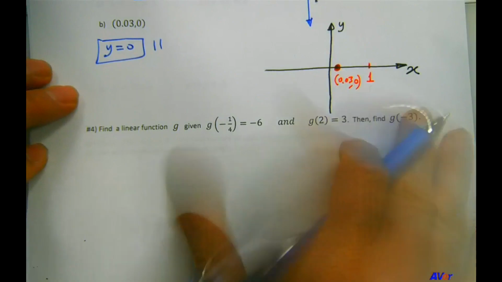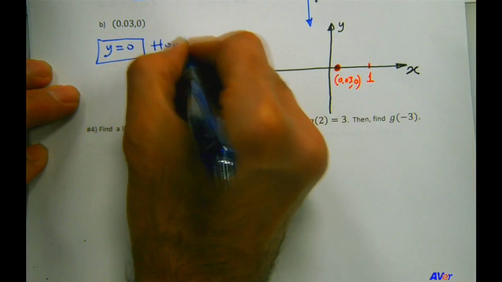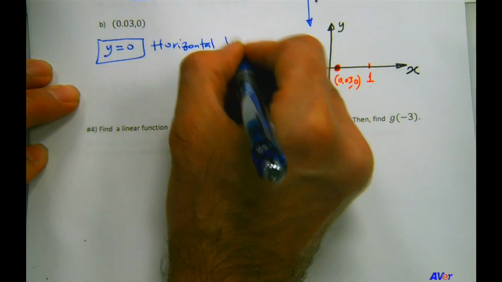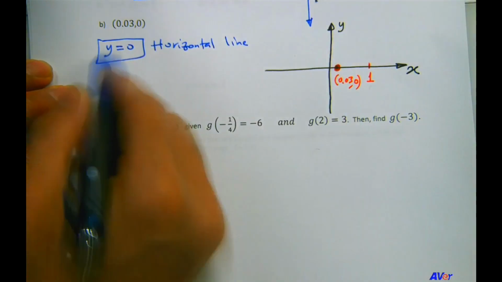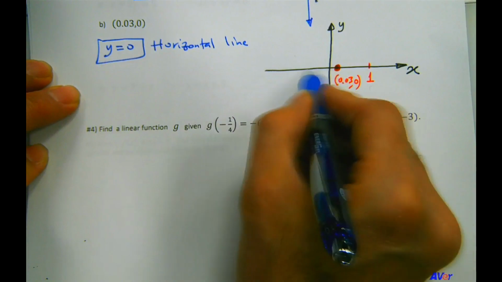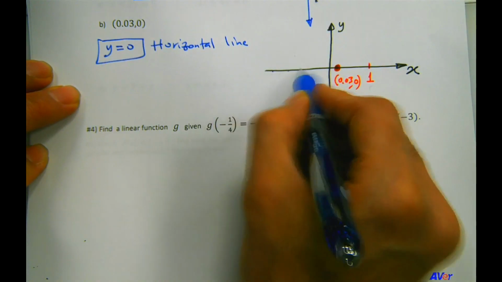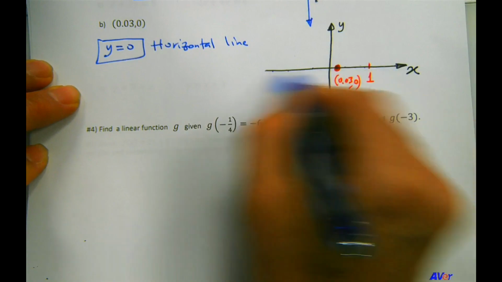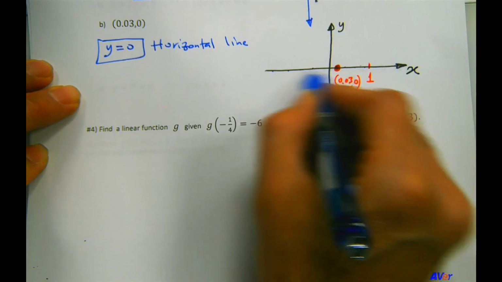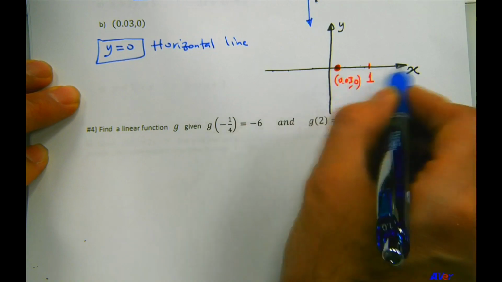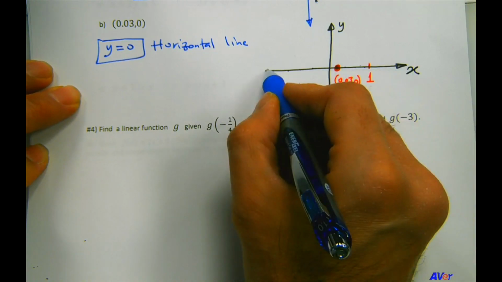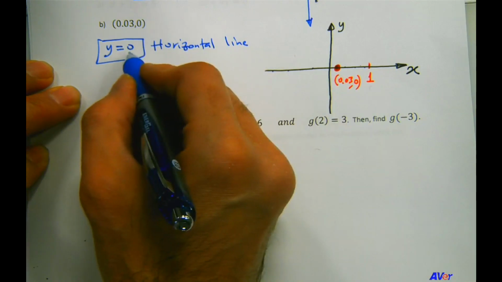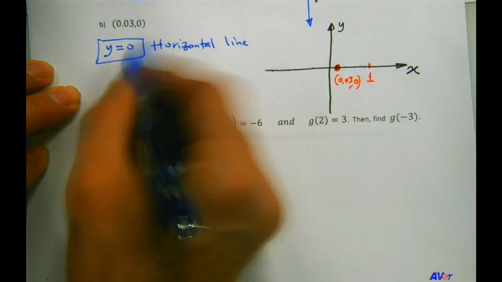Okay, so this one, this is the equation of the horizontal line, right? Y equals 0. That means if you're on this line, x-axis, the y value should be 0. It doesn't matter where you are. The y value for the infinitely many points that are on the x-axis is 0, all of them.